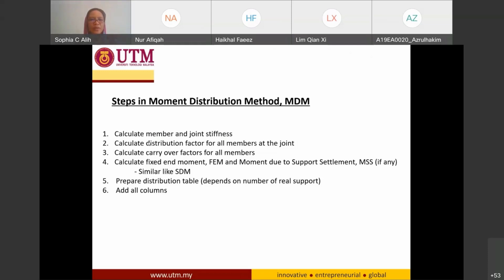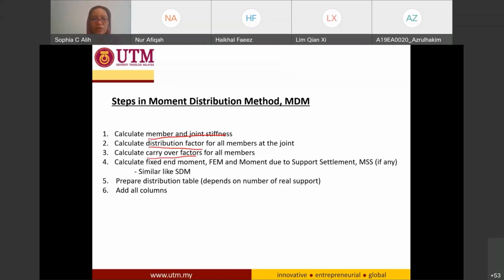The first one, you have to calculate member and joint stiffness, and the second one is the distribution factor for all the members at the joint. I highlighted here, you have to calculate the member and joint stiffness first, and also the distribution factor, and after that the carryover factor.